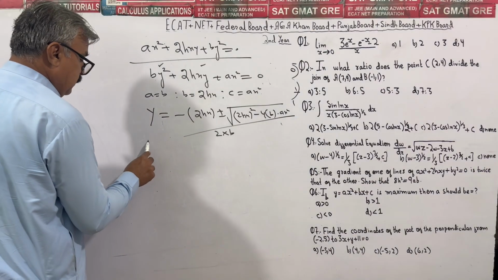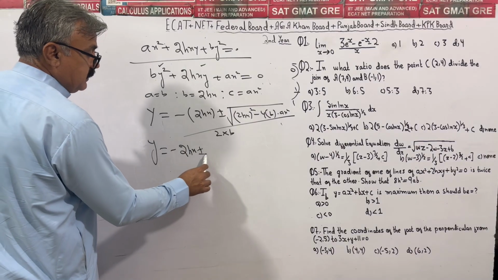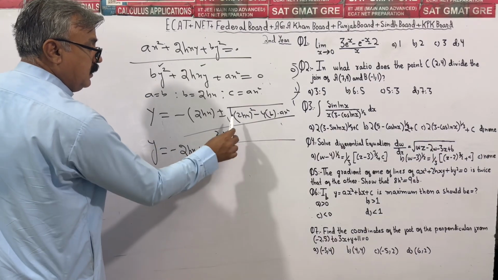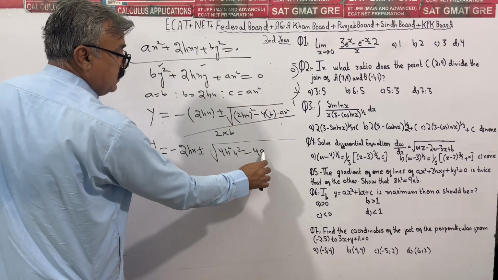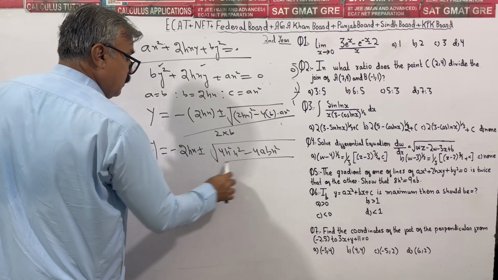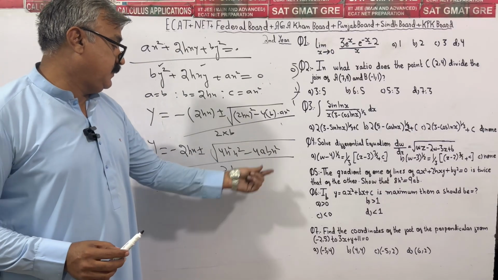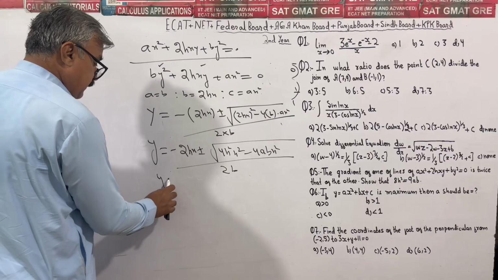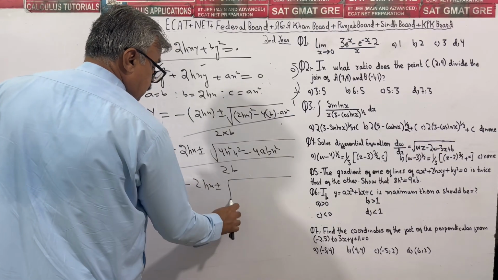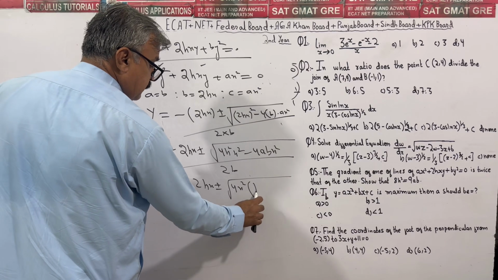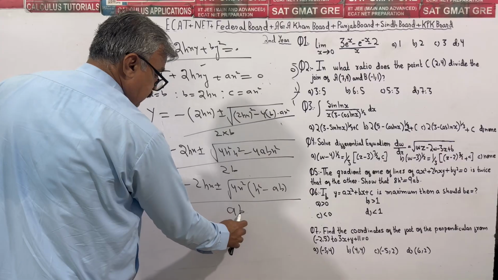Now simply solve. y is equal to minus 2hx plus minus root 4h square x square minus 4ab x square over 2b. Taking 4x square common, we have minus 2hx plus minus root of 4x square common. What we have? h square minus ab overall 2b.